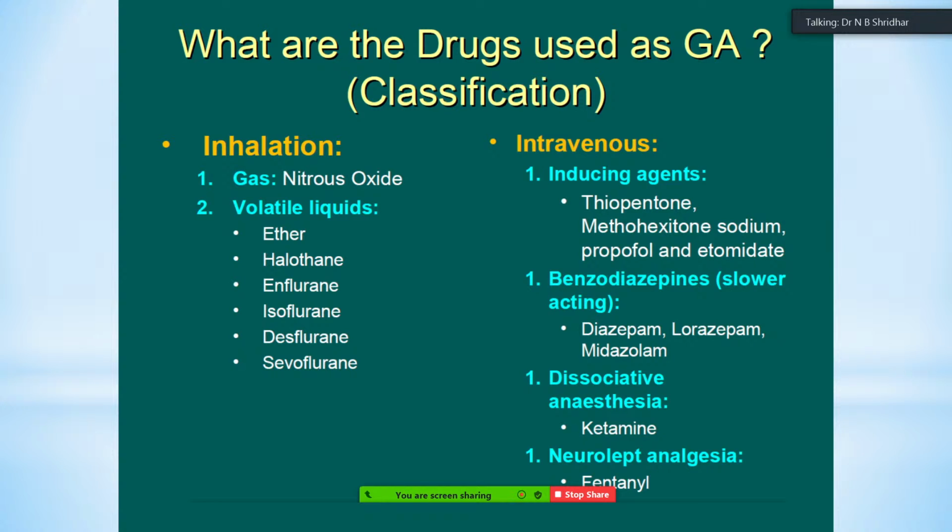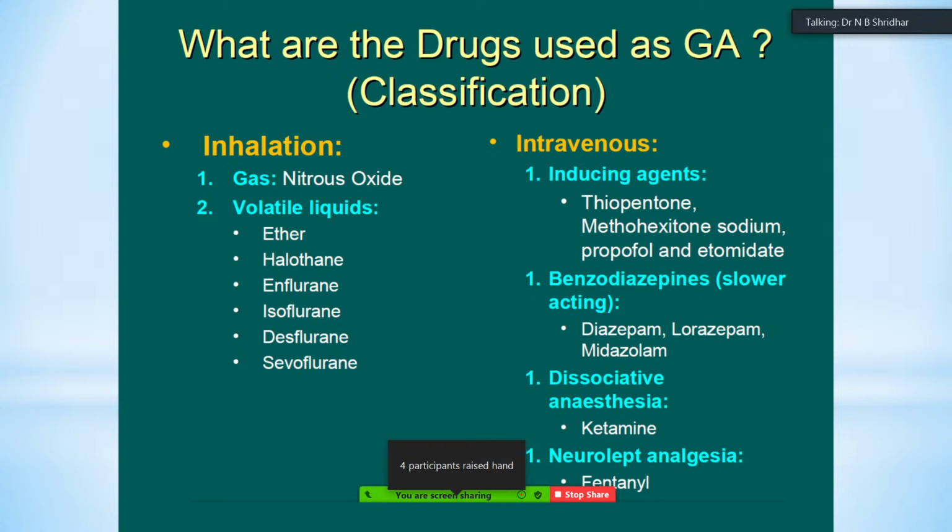The dissociative anesthetics are ketamine and ether, and they act on the NMDA type of receptor. Neuroleptic analgesia is another type of these anesthetic agents, with fentanyl and droperidol.